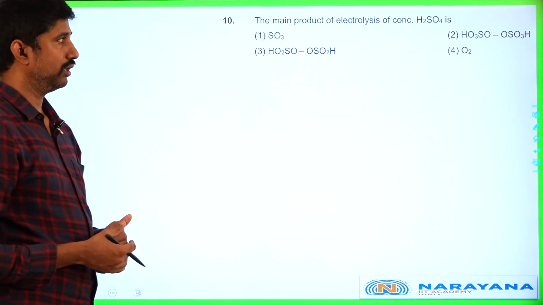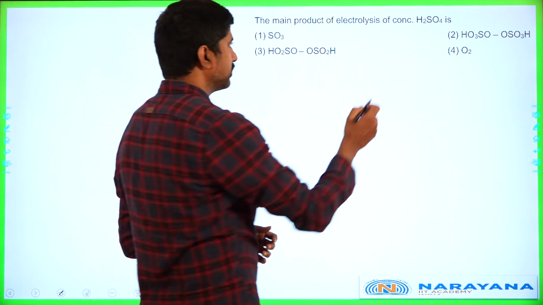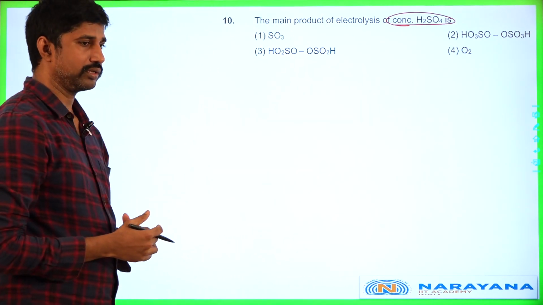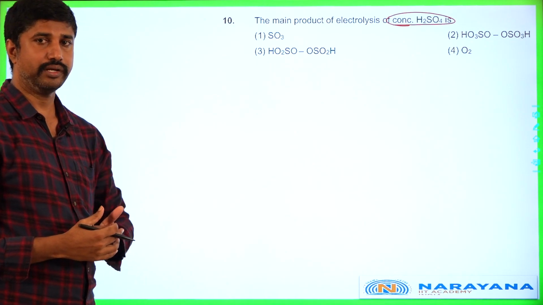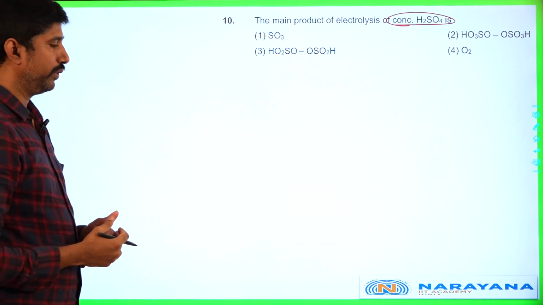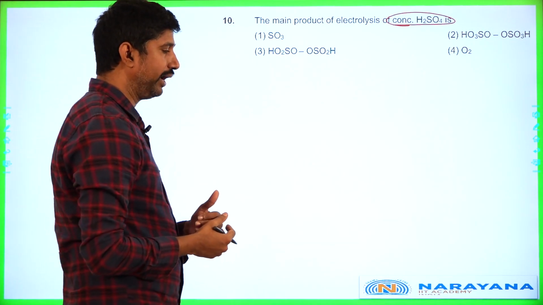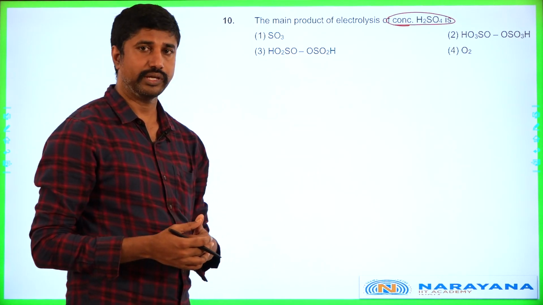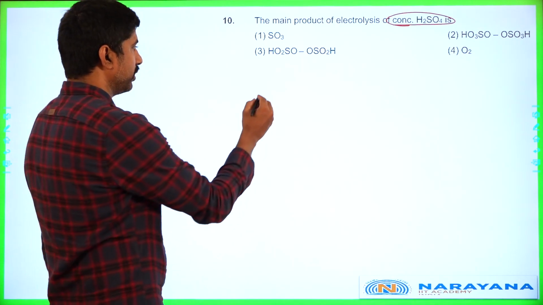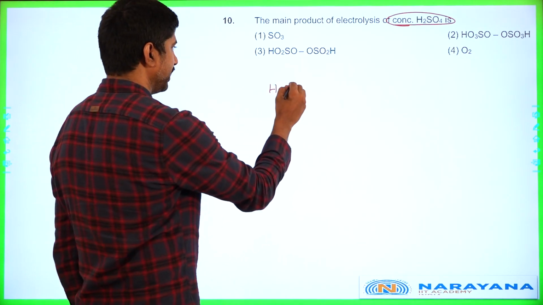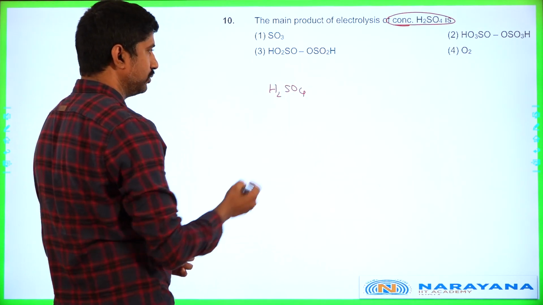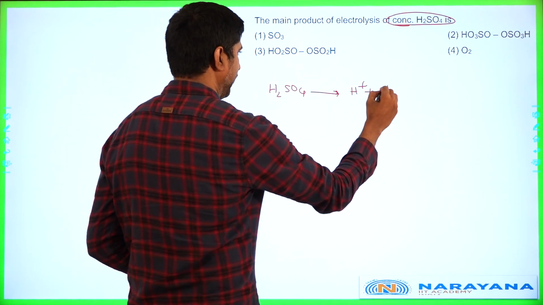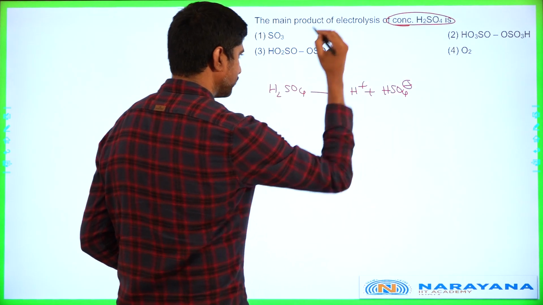The main product of electrolysis of concentrated sulfuric acid. Whenever high charge density is passed through concentrated sulfuric acid, what product can we get here? H2SO4 first gives H plus and HSO4 minus.